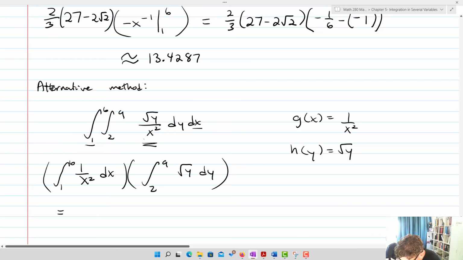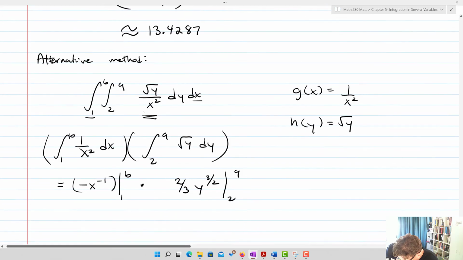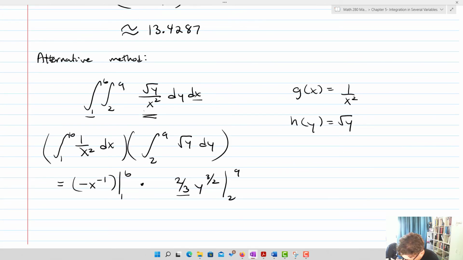So that's going to give me negative x to the negative 1 evaluated from 1 to 6 times 2/3 y to the 3/2 evaluated from 2 to 9. By the way, there's our 2/3 again.